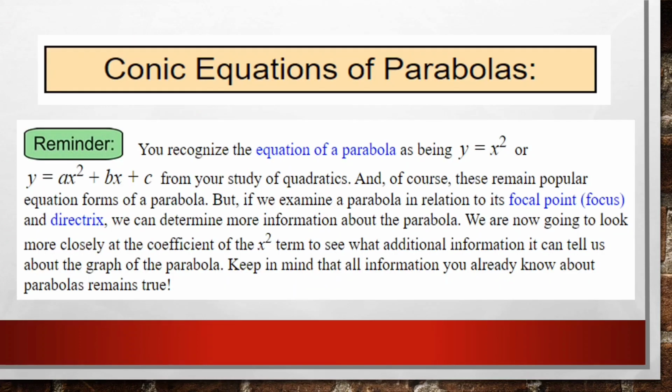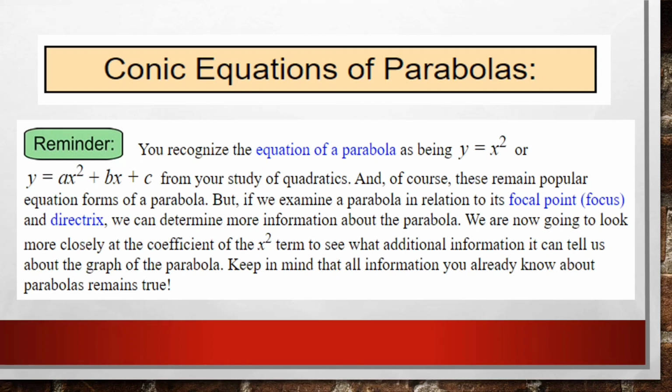You recognize the equation of a parabola as being y is equal to x squared or y is equal to ax squared plus bx plus c from your study of quadratics. And of course, these remain popular equation forms of a parabola.